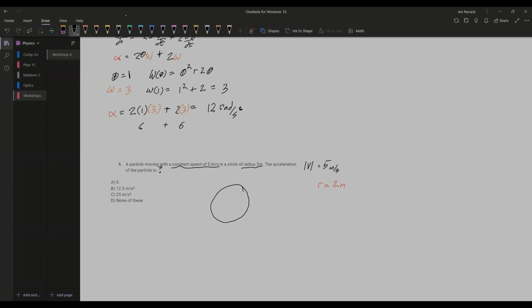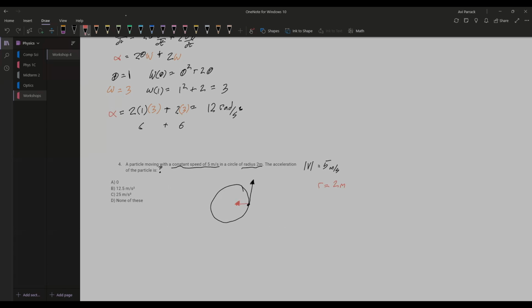All right, so let's take a look at this particle. It experiences this velocity of 5 meters per second. And there must be some acceleration which is causing it to seek the center. But the particle, is it speeding up or is it slowing down at all?